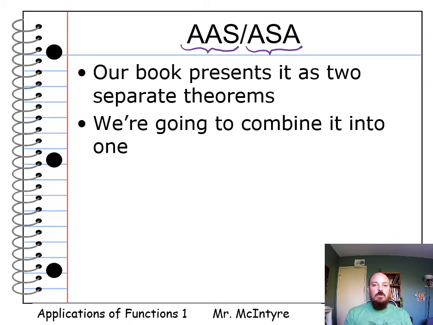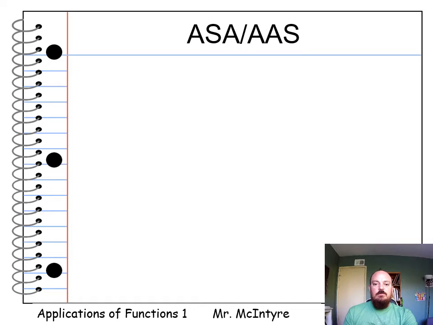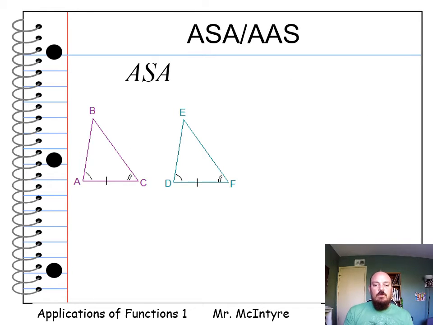But as I mentioned earlier, we're going to end up combining these two into one, and I want to show you why we can do that. So here is an example of ASA triangles. These two triangles that you see right now are congruent by the ASA theorem because in order we have, and I'll mark them in red here to make it stand out, this angle is the same in both, then this side the same in both, and then we have two marks, so this angle is the same in both.